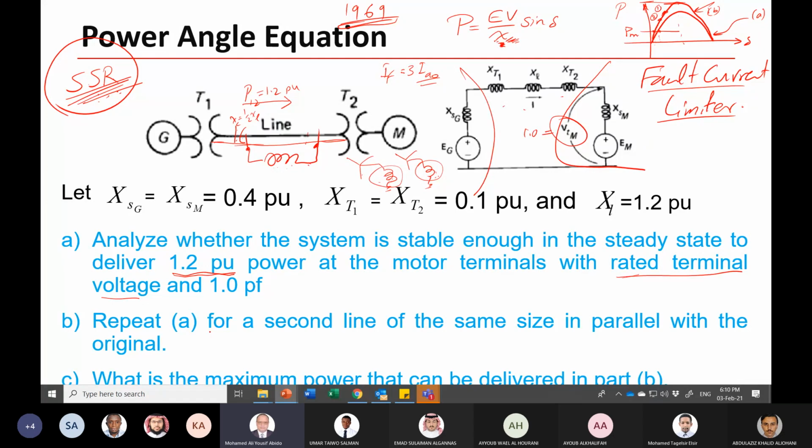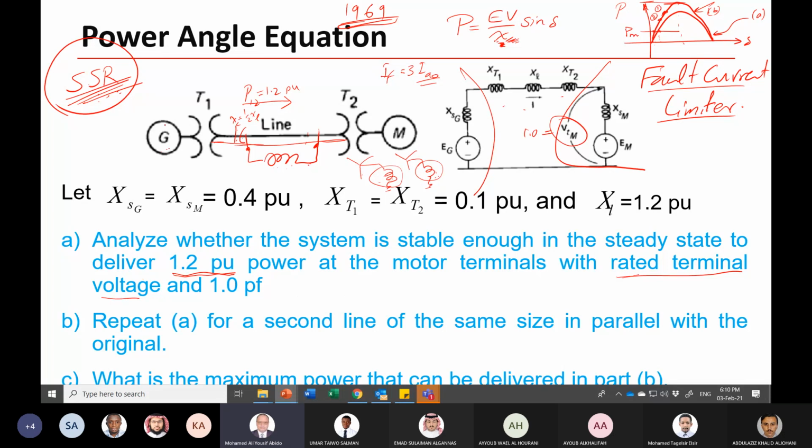The first time, there was no problem. They installed the generation plant again and operated it. But again the same damage of the generator happened, and then they stopped. And this was a series compensated transmission line connected to the generation plant here.